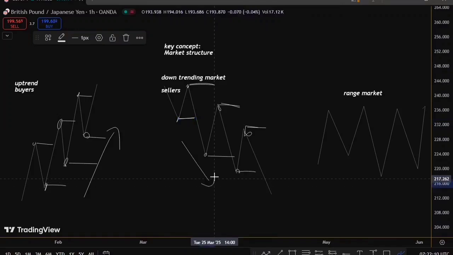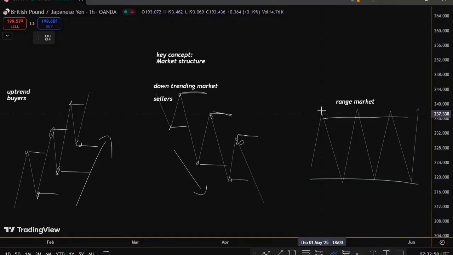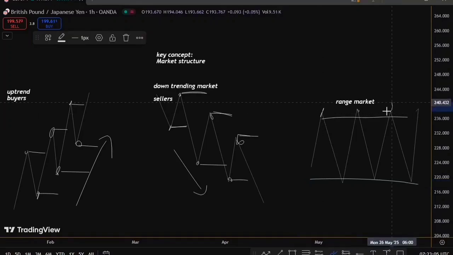And for the ranging market, we just want to see levels that the market is tapping on. Here no one is in control, neither the seller nor the buyer.